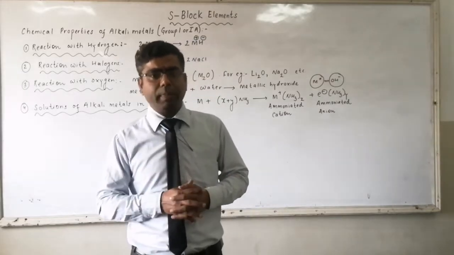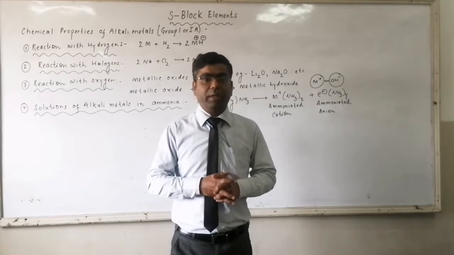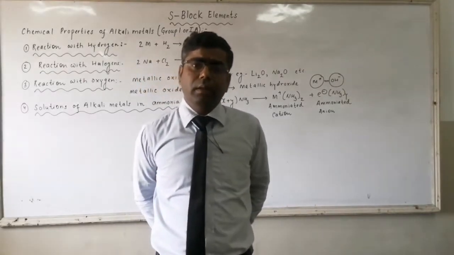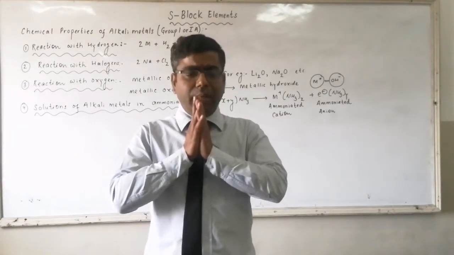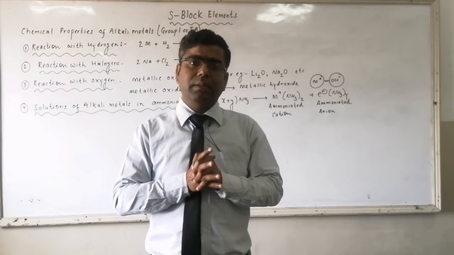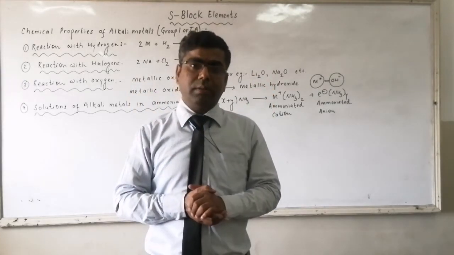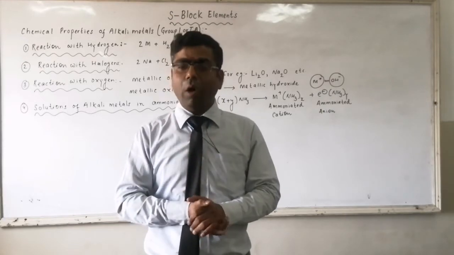Now the next one is the chemical properties or chemical reactions of alkali metals. Remember, alkali metals have the largest atomic size in any period because these are the first member of any period.